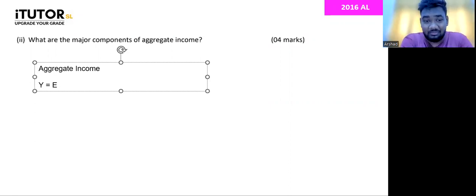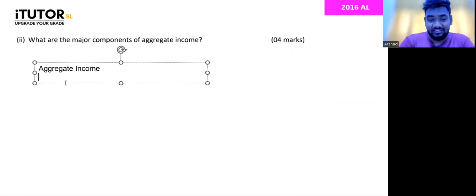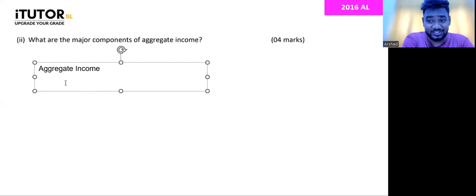Aggregate expenditure E has C plus I plus G plus X minus M. What does aggregate income Y consist of?